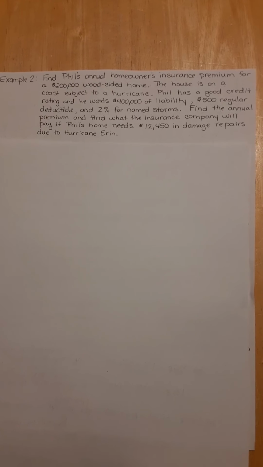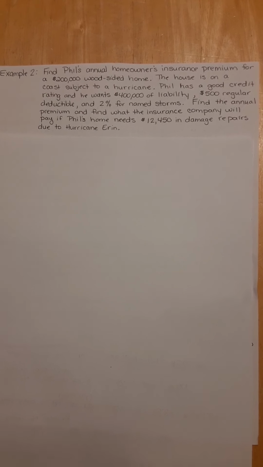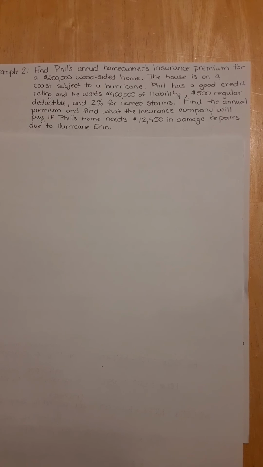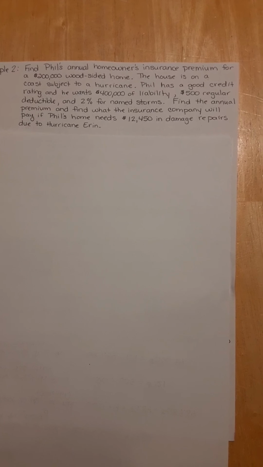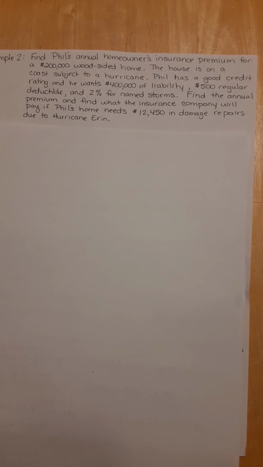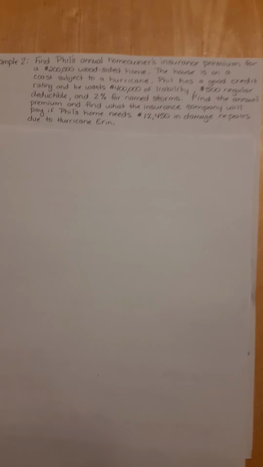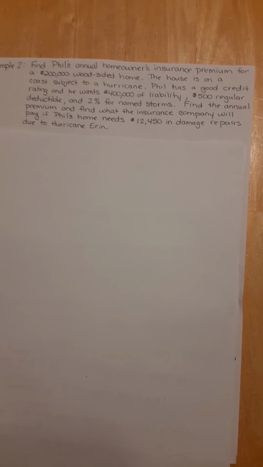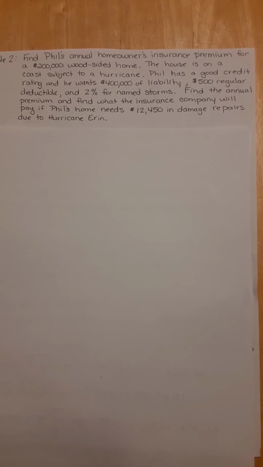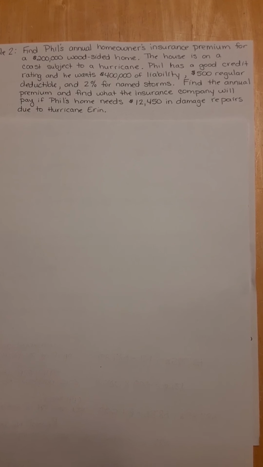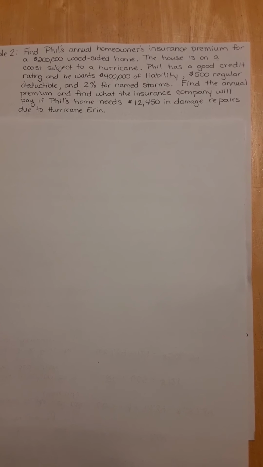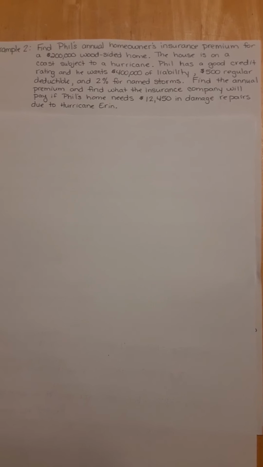Okay, the house is on a coast subject to hurricanes. Phil has a good credit rating and he wants $400,000 of liability. He wants a $500 regular deductible and 2% for named storms. Find the annual premium and find what the insurance company will pay if Phil's home needs $12,450 in damage repairs due to a hurricane named Aaron.